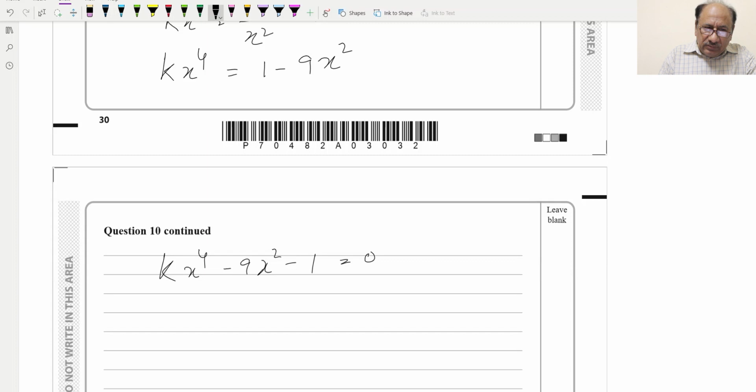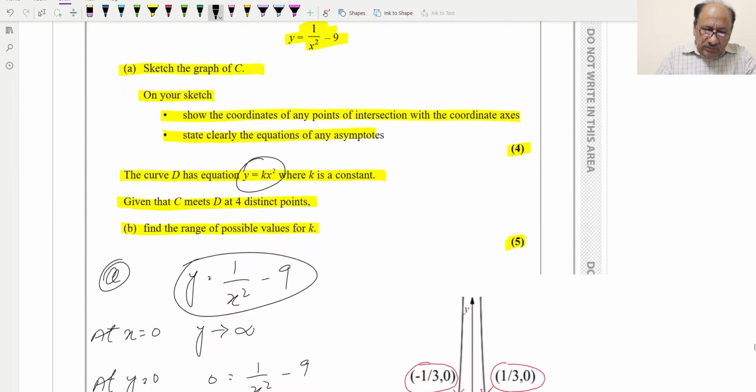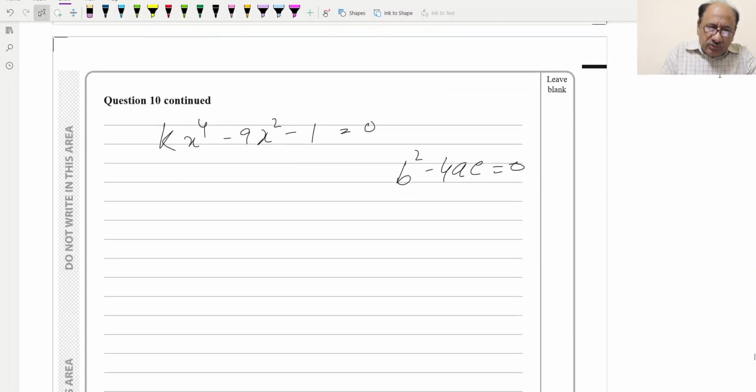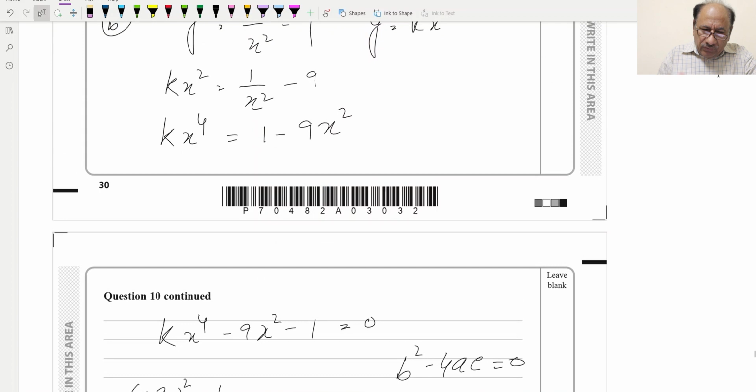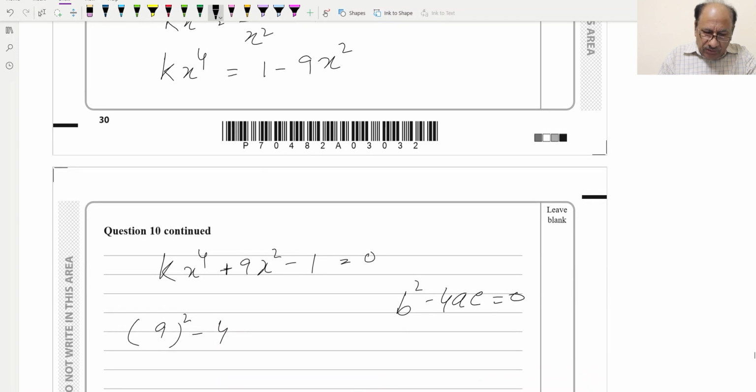So we take the discriminant, b square minus 4ac, and they are saying four distinct points. So b square minus 4ac, we will write 9 square minus 4 times k times minus 1.